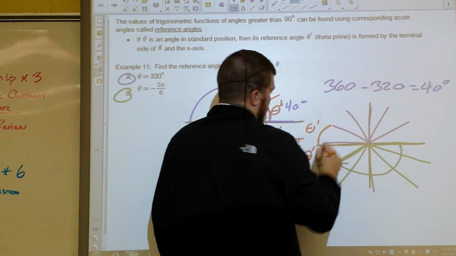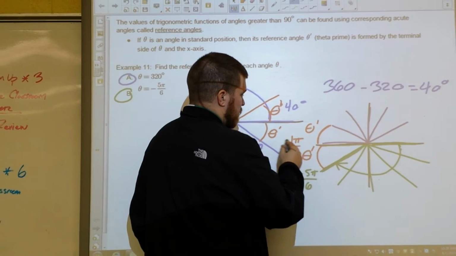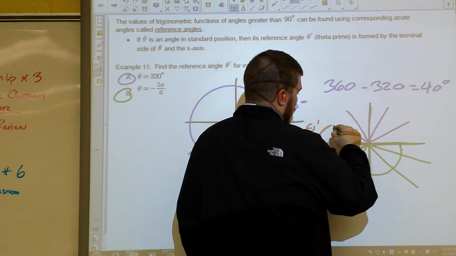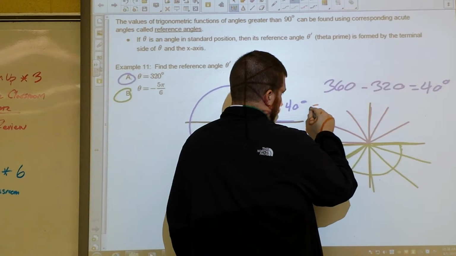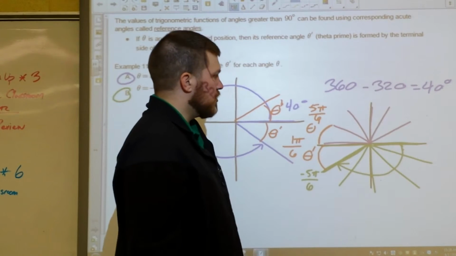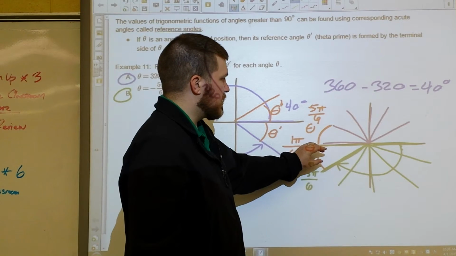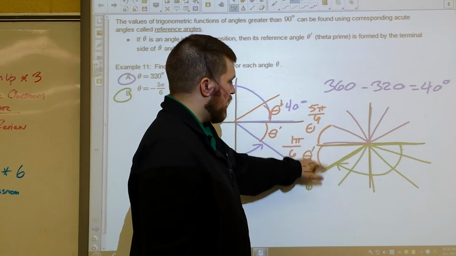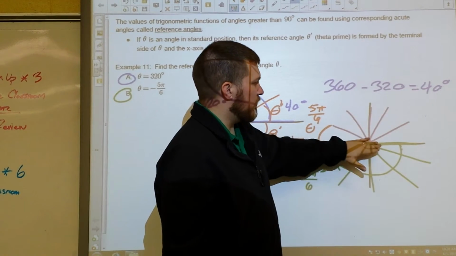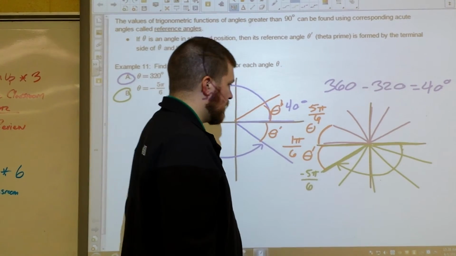If I thought about my theta prime in terms of positive radians instead of negative radians, then I'm going to go 1, 2, 3, 4, 5. So this is 5 pi over 6. Those are my two reference angles. I can think of it as 1 pi over 6 completing it if I'm still going negative, or if I go positive and look at the symmetry folding my taco over, then it's going to be positive 5 pi over 6.